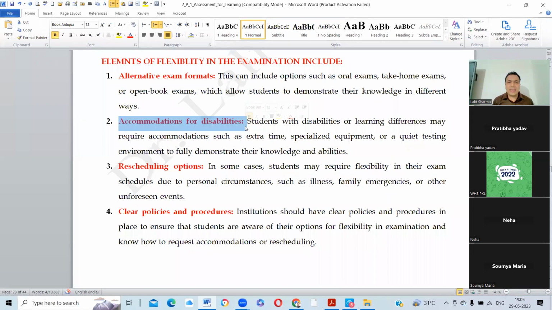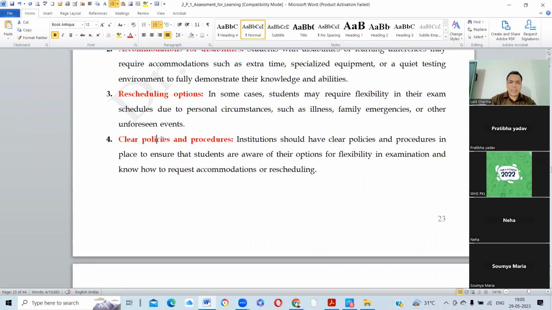If students are disabled, then universities, colleges and schools should give accommodation. They have to accommodate, right. You have seen that if someone is visually impaired or hearing impaired, such kinds of facilities are provided to special educator students. Okay, rescheduling options, clear policies and procedures.